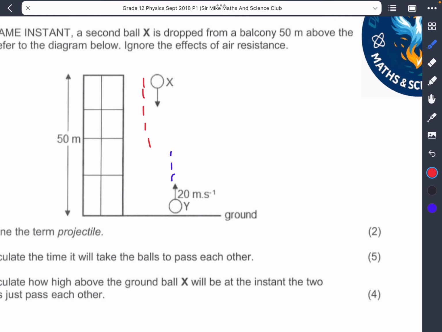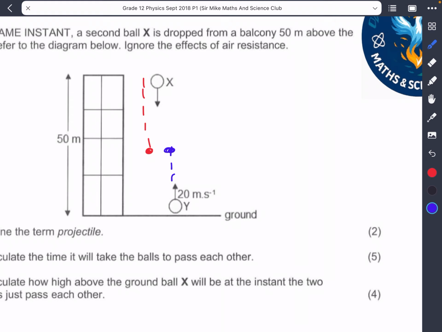One thing you must note: when these two objects pass each other, at that point, this would be ball X, at that position there. When those two objects pass each other, they have one thing in common, and that is the height above the ground.